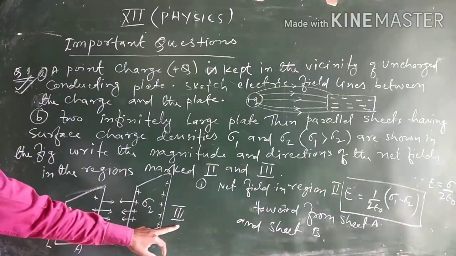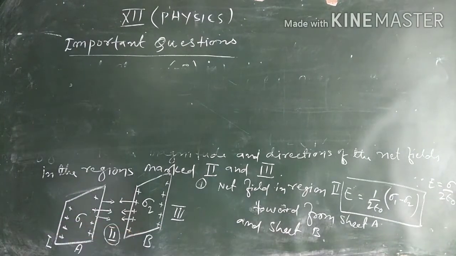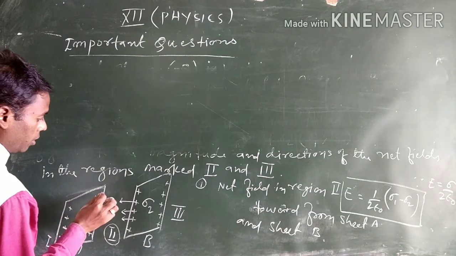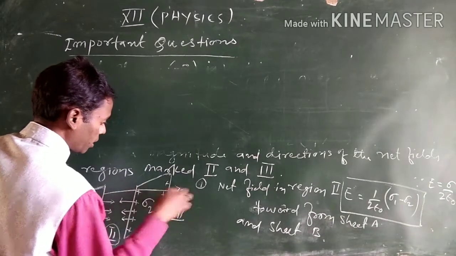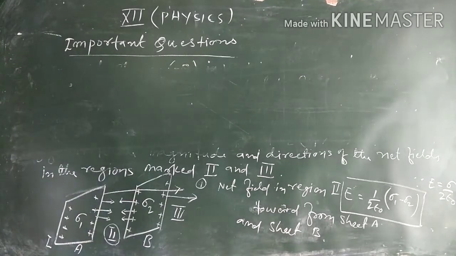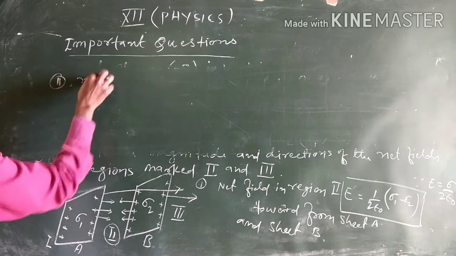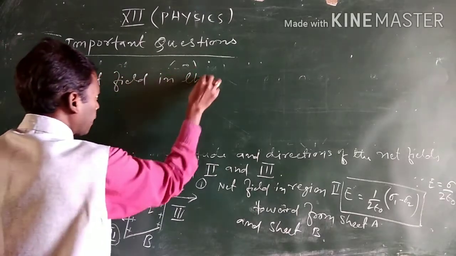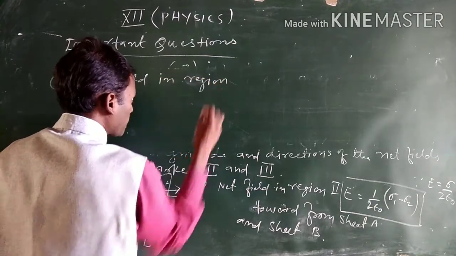That means this region. Okay. For the third region, due to this sheet, which is positive, the direction will be this side, like this. Okay, then next, number 2, net electric field in the third region.